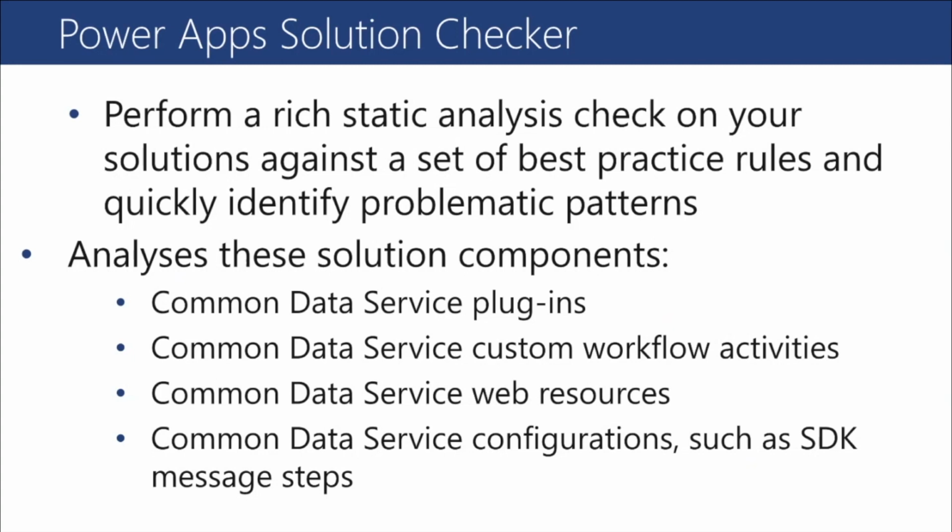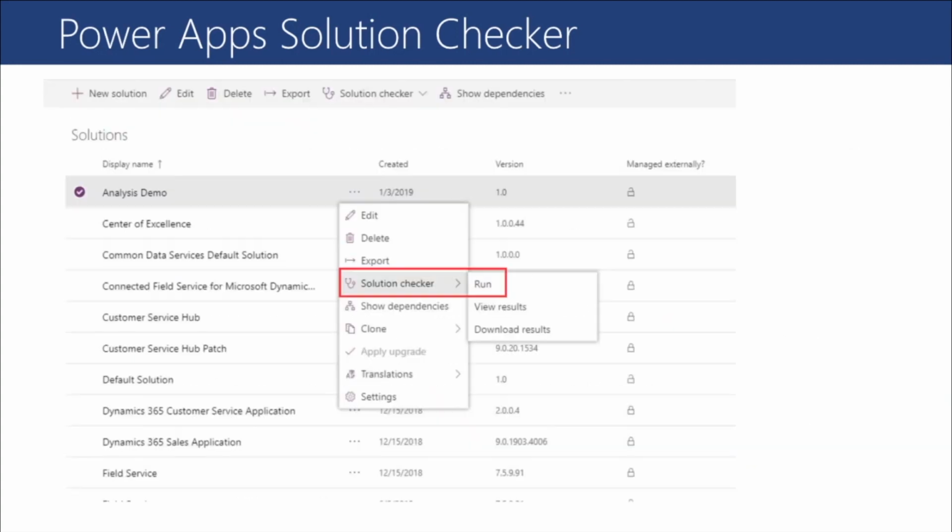In a real world scenario, you can run Power Apps Solution Checker through your Power Platform Admin Center. You can choose the solution, or if you have a default solution, you can run it on top of the default solution. This is an example of Power Apps Solution Checker being run.